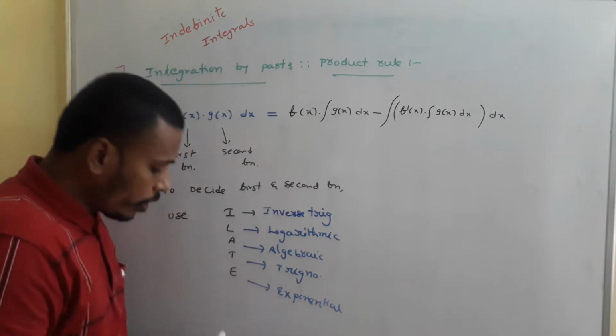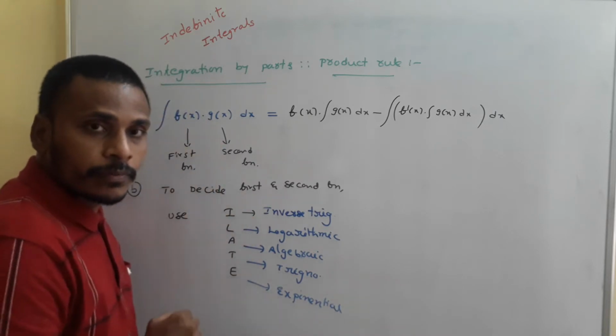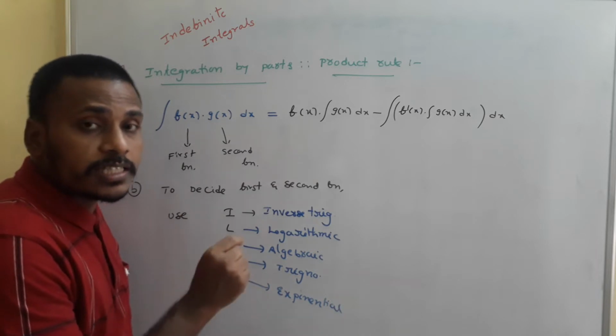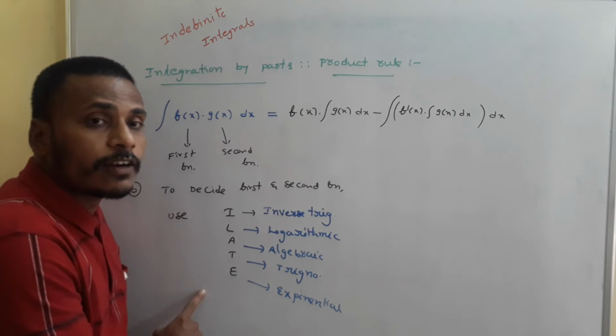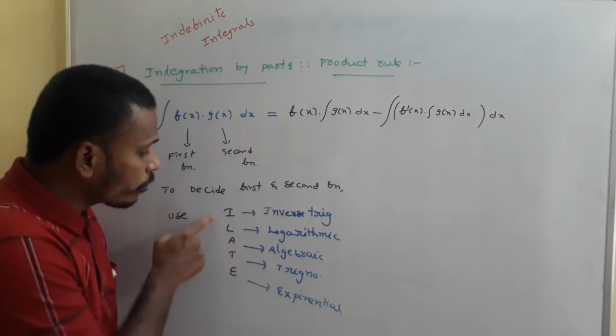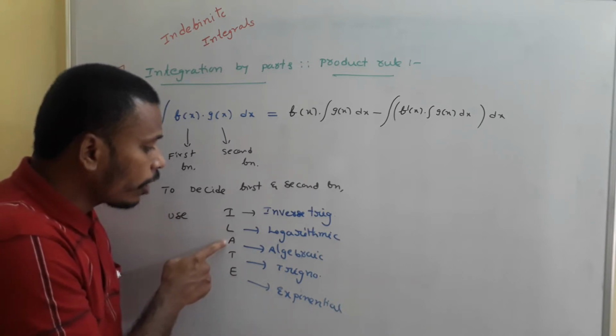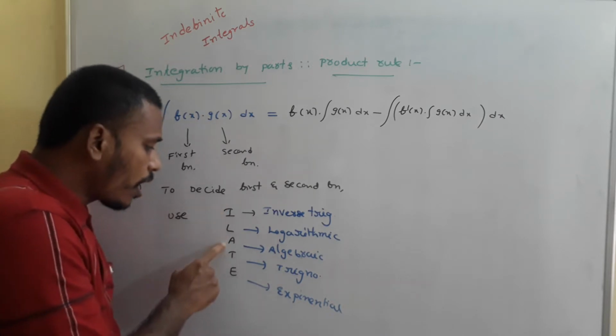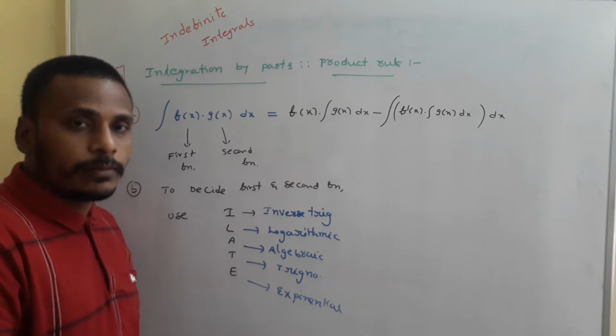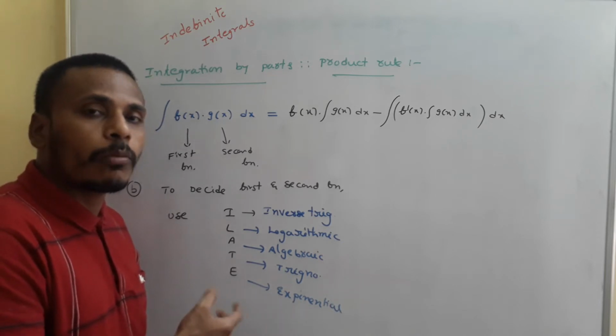So you just observe the given two functions. In this order we need to take the first function and second function. If a problem involves inverse trigonometric and algebraic, you need to take inverse trigonometric as the first function and the algebraic function as the second one. Then the problem is simple.